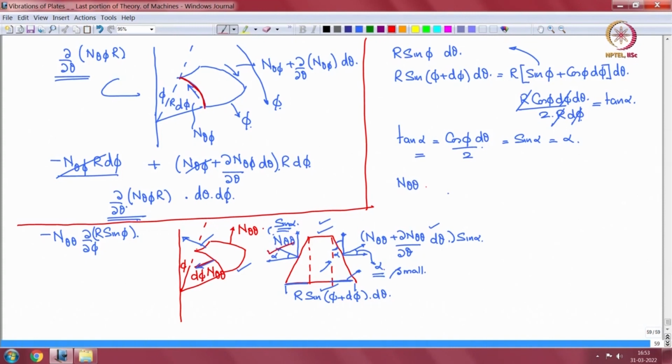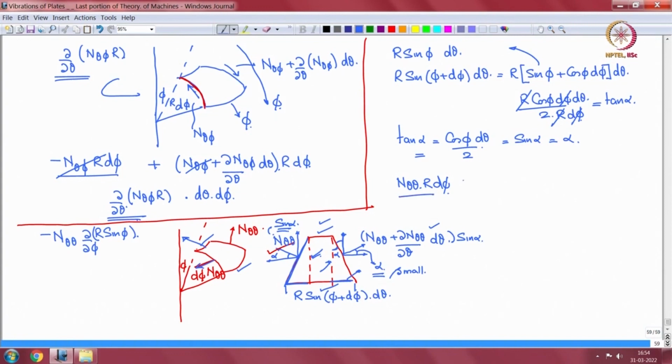I have to make it a force by multiplying with r d phi. This length is r d phi. For small values of alpha, this is also r d phi. So now it's a force.